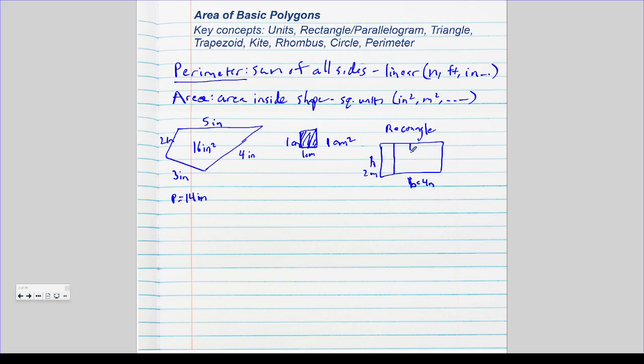So 1, 2, 3, 4. So we broke this 4 down into 1, 1, 1, and 1. And then for the height, we break it down into 1 and 1. And then each of these represents 1 square meter. So we end up just multiplying the length of the base times the length of the height. So the area is just the base times the height.